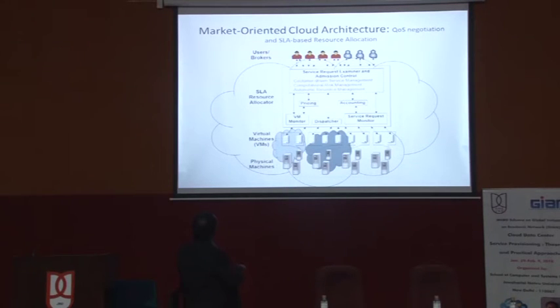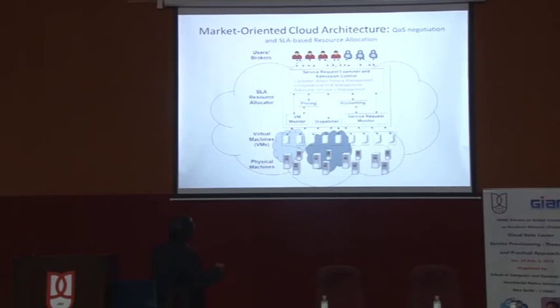So I use this on my slide. Raj Kumar also uses it on his slide. He always puts market-oriented. I use dynamic cloud architectures. My work is in a dynamic area. His work is in market-oriented area. But we work together very, very well.